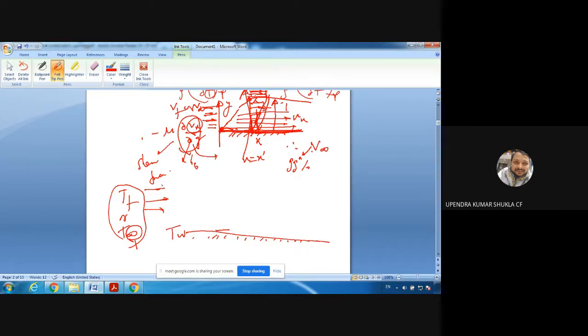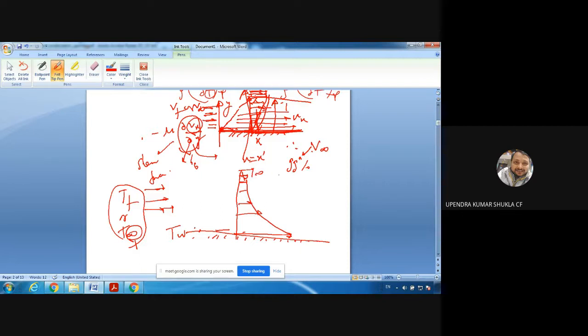So this fluid is moving. Eventually, when it comes into contact with TW, the temperature will be higher, TW. Once it starts, the temperature starts decreasing. At this section you will find the temperature is decreasing, and then it will reach T infinity.